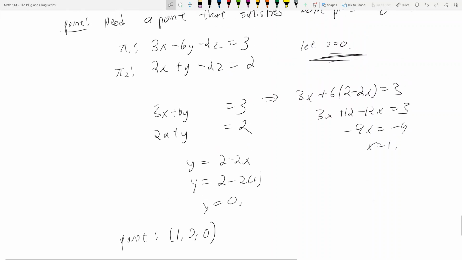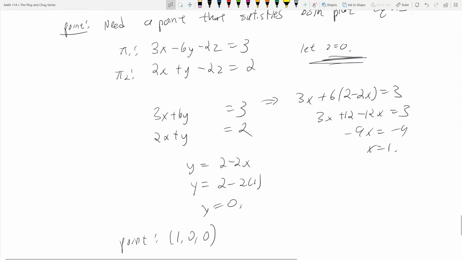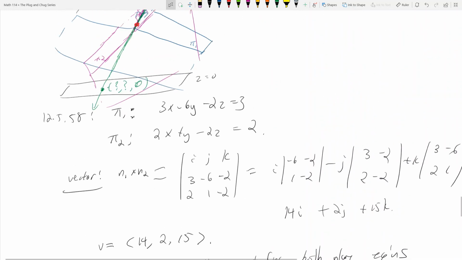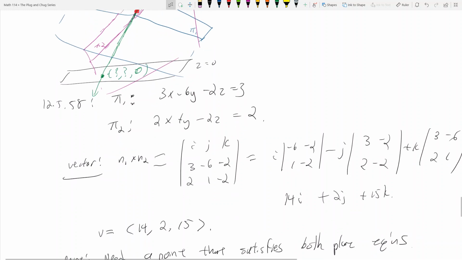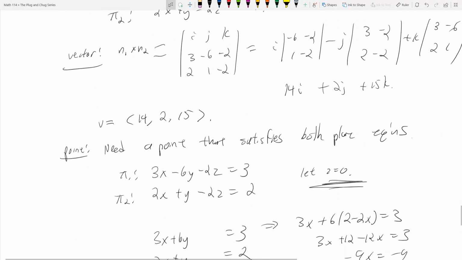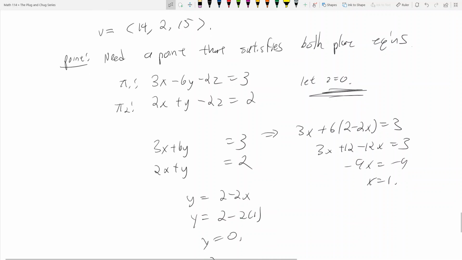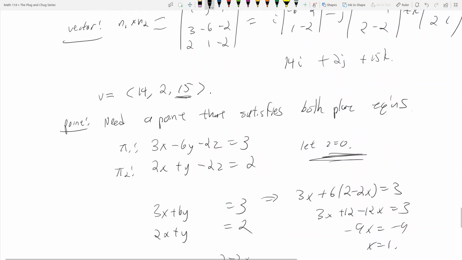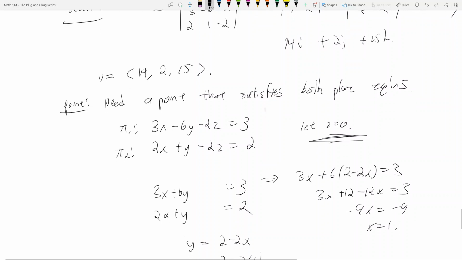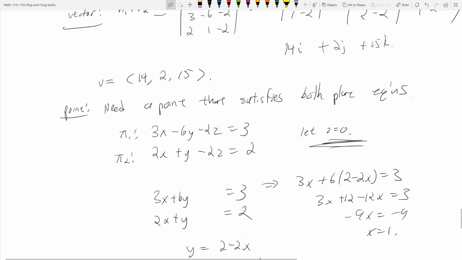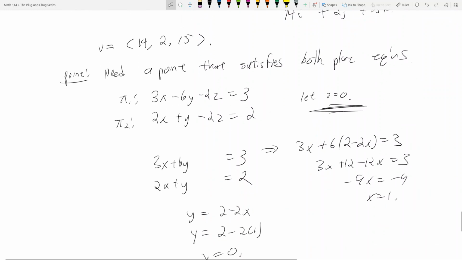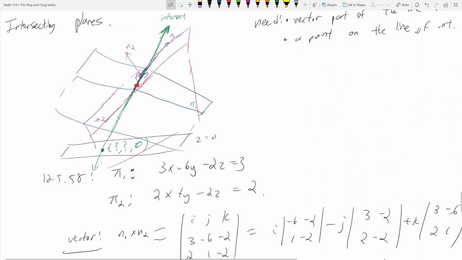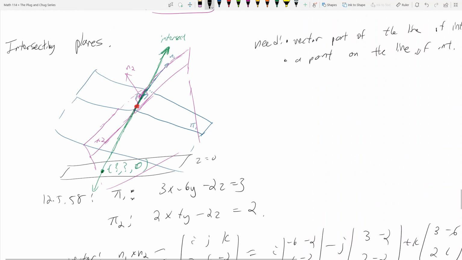Does that make sense? I have two planes. I need to find the vector equation, which comes from the normal, and then I need to find a point that satisfies both plane equations. Since this vector will travel in a non-trivial z direction, it's not parallel to the z-axis, that means it'll intersect the z equals 0 plane at some point, which means that at some point this line has 0 for z.